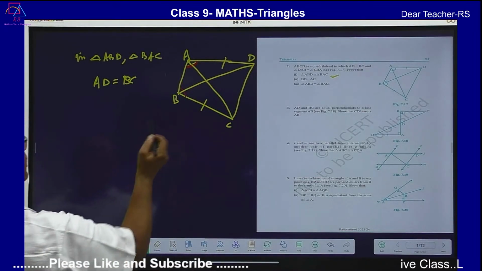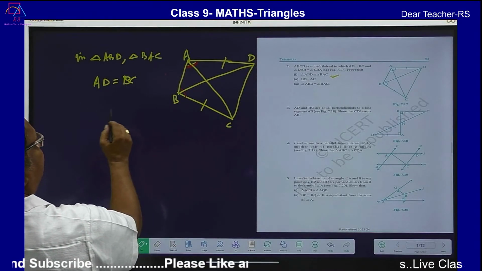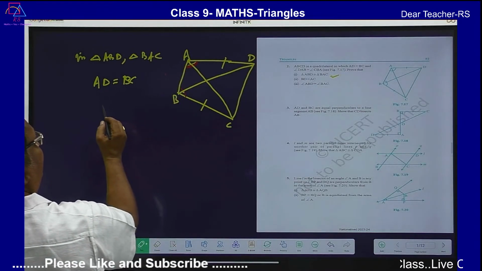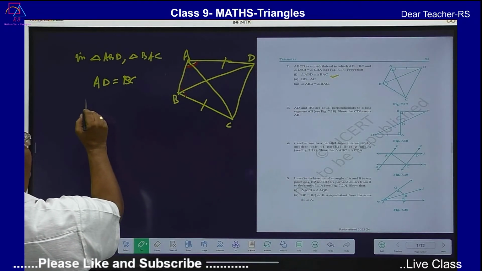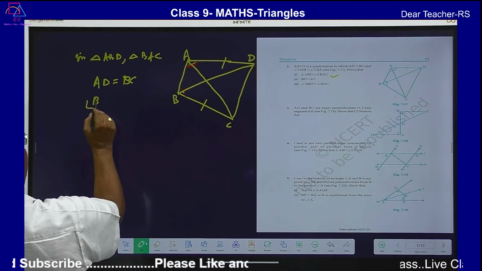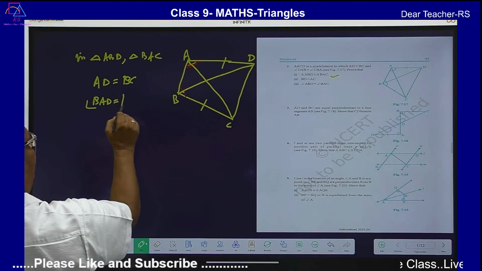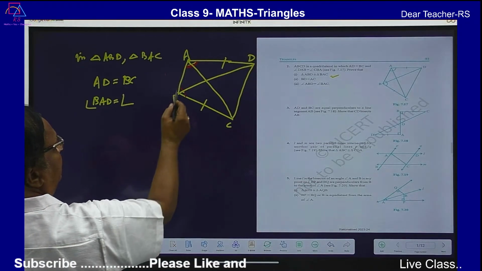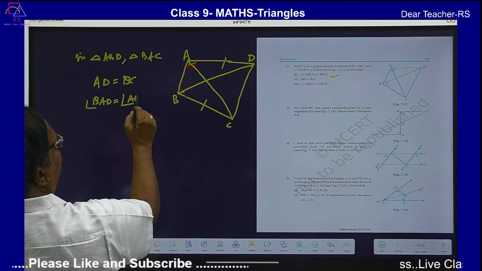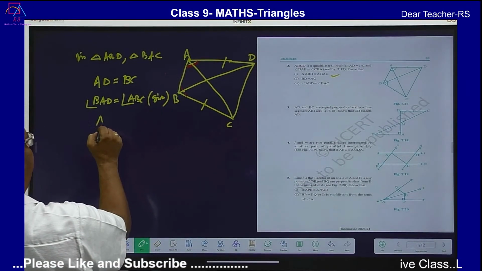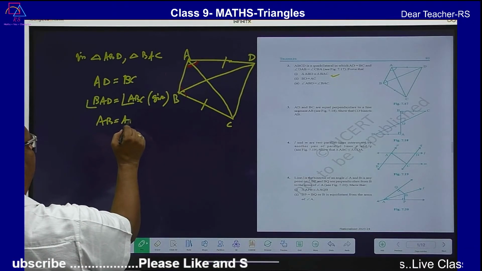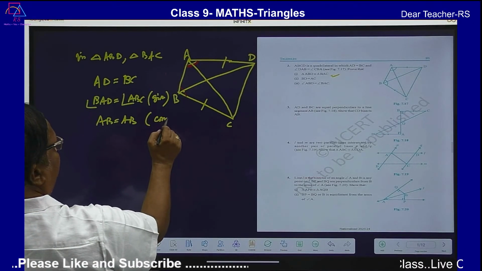So now in those two triangles, AD is equal to BC, and this red color angle are also equal. Angle BAD is equal to angle ABC. This is given, and AB is equal to AB, common in both the triangles.